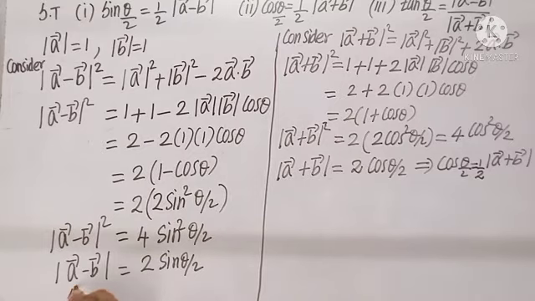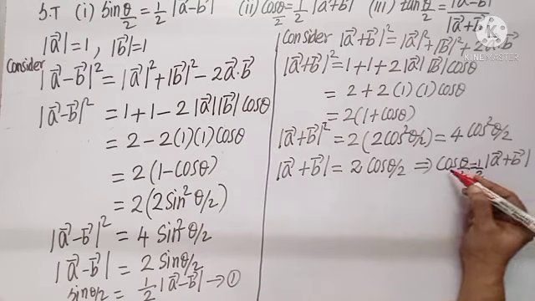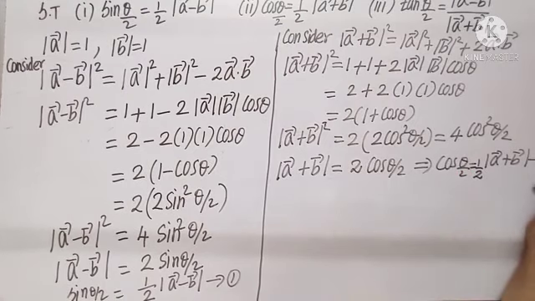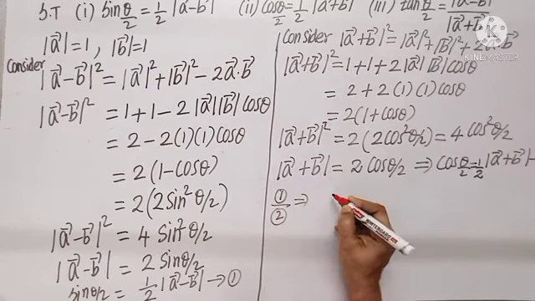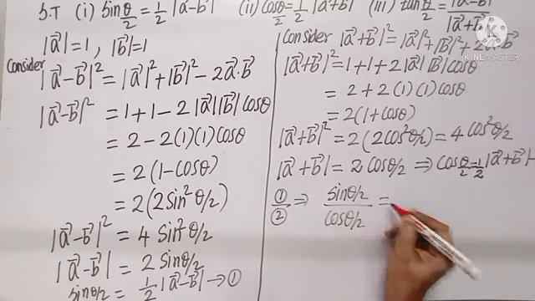Sin theta by 2 equals 1 by 2 mod A minus B. Call it as number 1. From this, cos theta by 2 is half mod A plus B. Call it as 2. As I divide 1 by 2, I get sin theta by 2 by cos theta by 2.